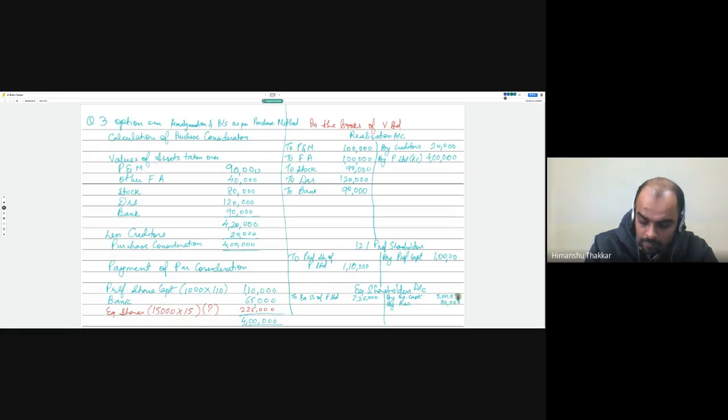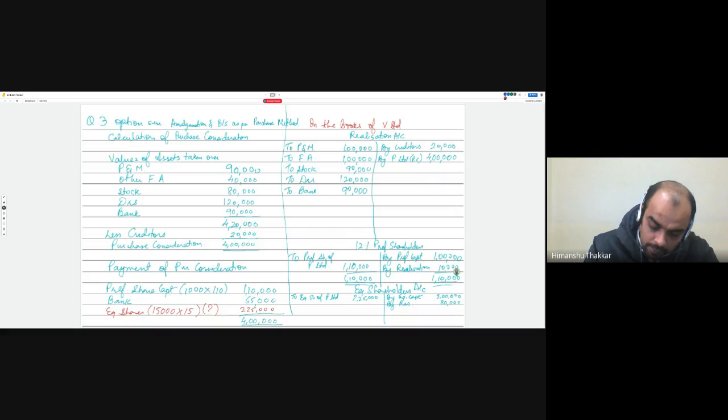Now, if you see the preference shareholders account, instead of 1 lakh, they are getting 1,10,000. So they are getting a profit. So by realization, profit 10,000. Close preference shareholders account. It's quite similar to what we did in the previous example. These three accounts remain almost the same, and the way of doing remains the same.